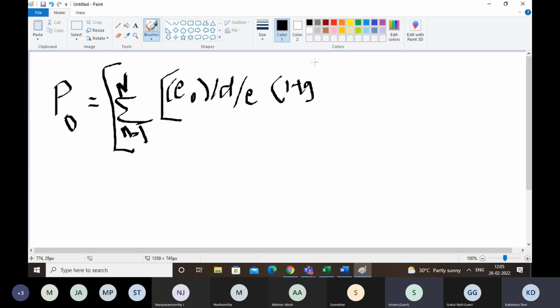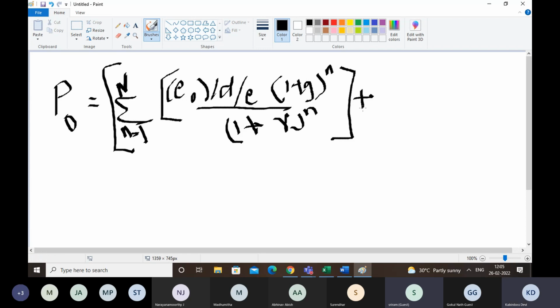Just know this for your knowledge, no need to break your head with this. Then the whole divided by 1 plus r to the n. This is one part of it, and then you need to add another part.